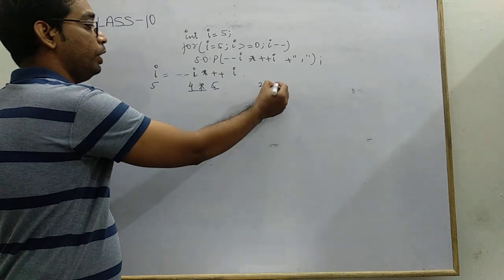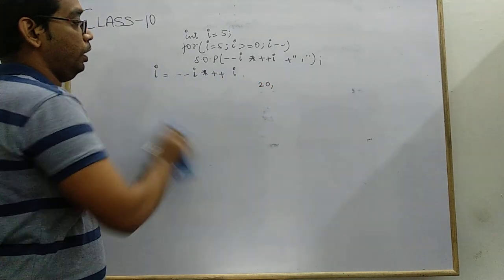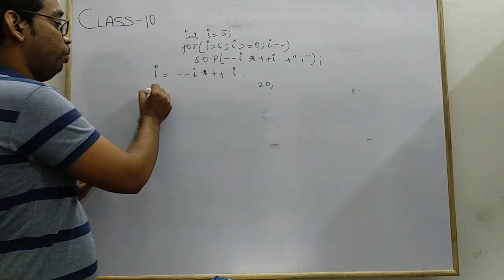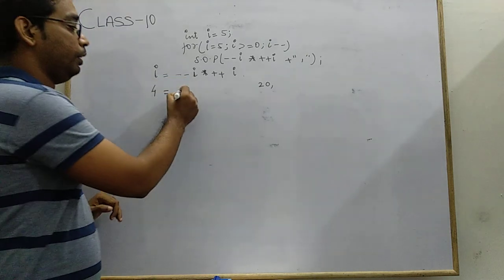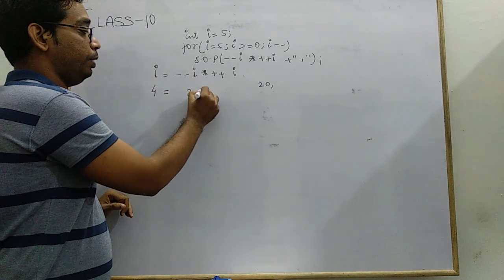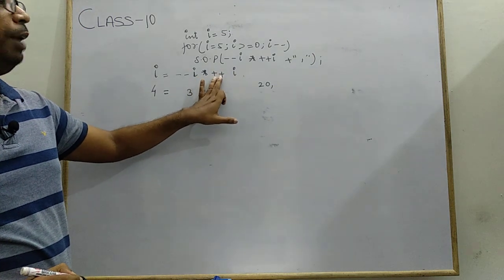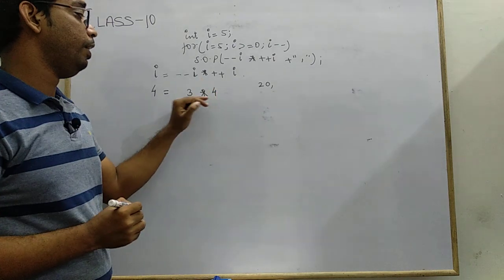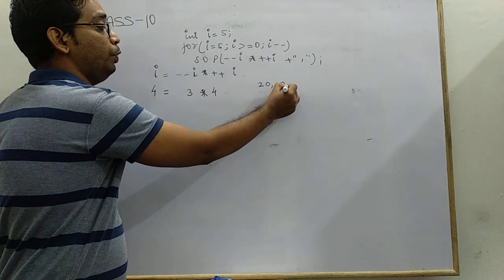The first output is 20. Now comma. Now again i--, the value of i becomes 4. Here --i gives 3 multiplied by ++i, which is an increment of 1, so it gives 4. Then 3 into 4 gives 12.